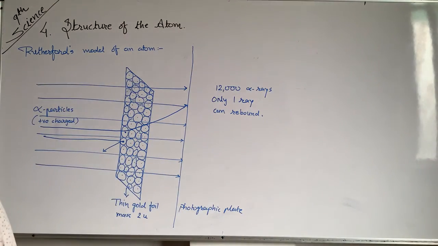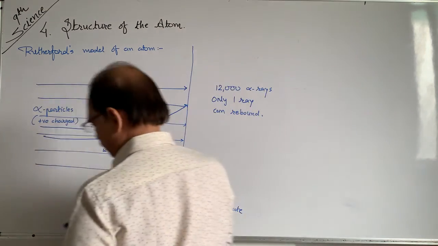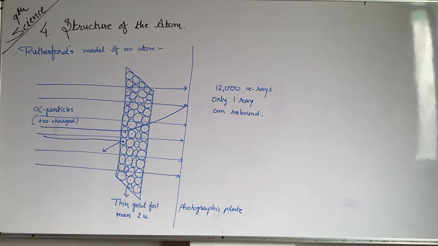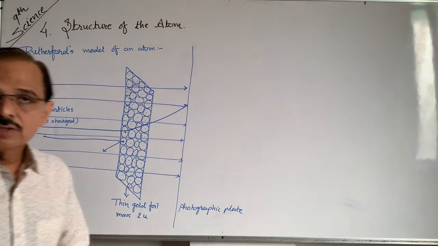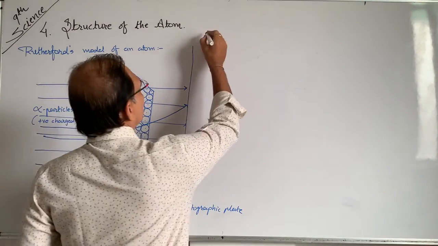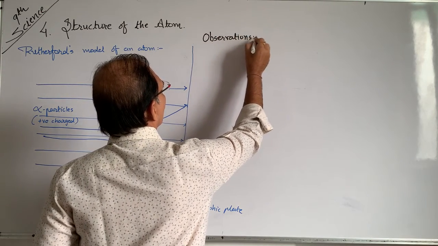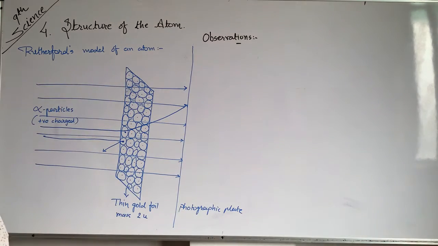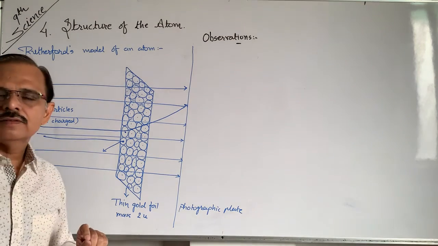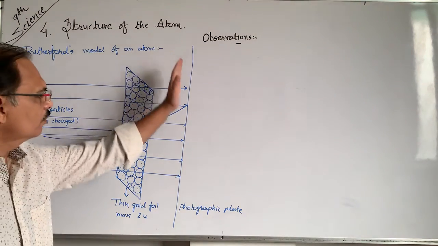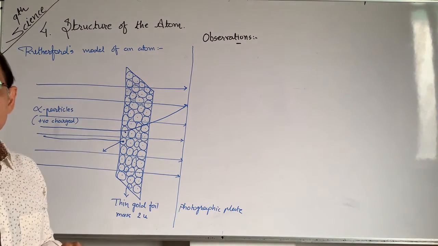See, first we write the observations. This is the observation, but in a particular manner. The theory is what? Rutherford took a very thin gold foil of mass 2 unit. He placed a photographic plate behind it, and on the other side he passed alpha particles.